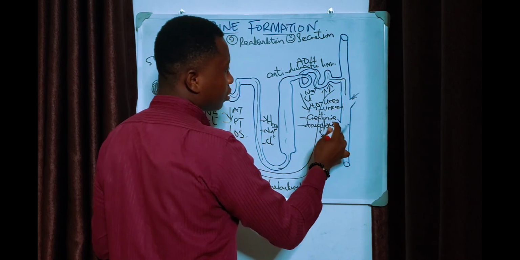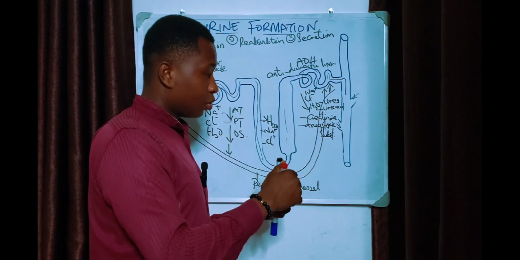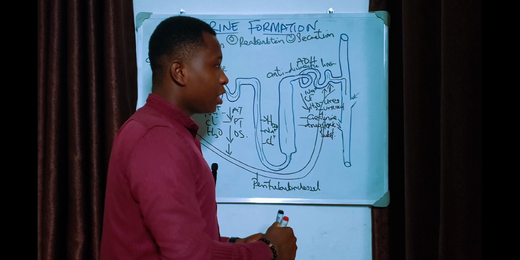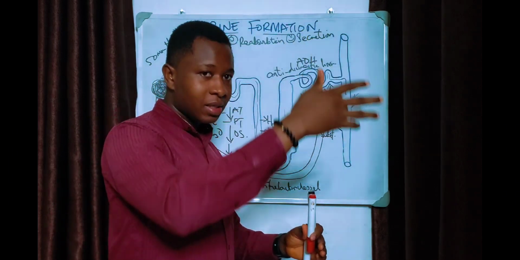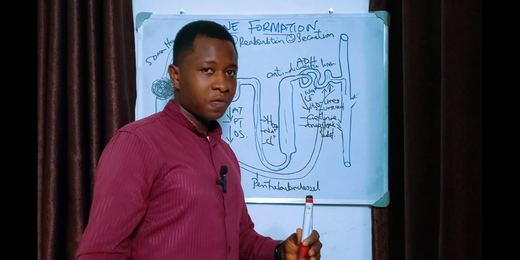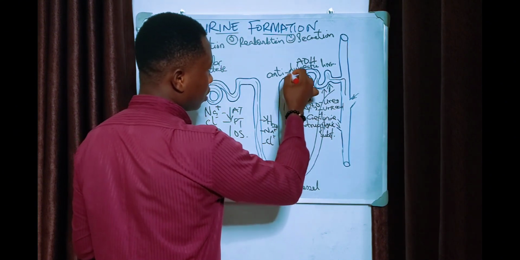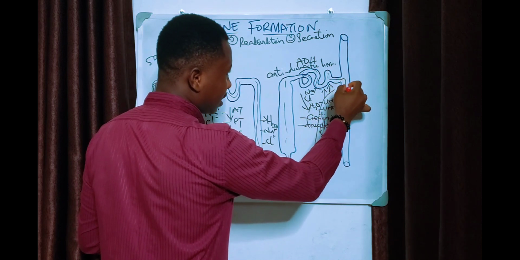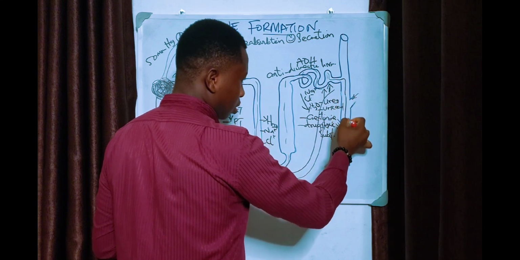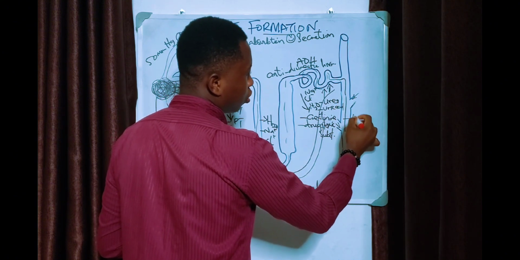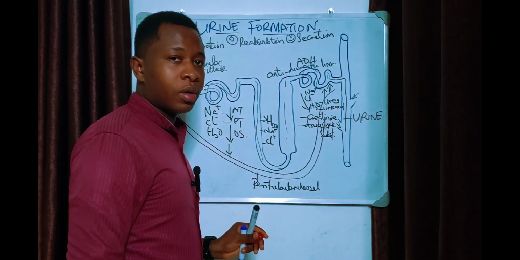These are just other nephrons that connect to a single collecting duct that leads down to the pelvis of the kidney. So the filtrate moves and gets to this point. Immediately it gets to the collecting duct, it turns to urine.